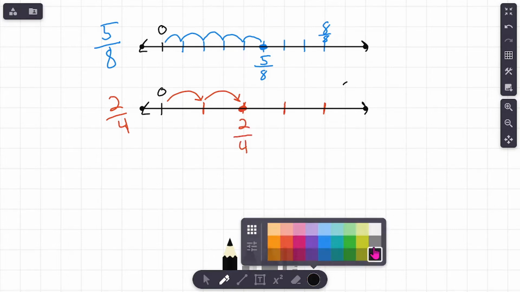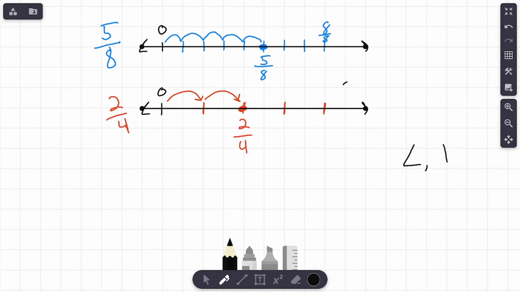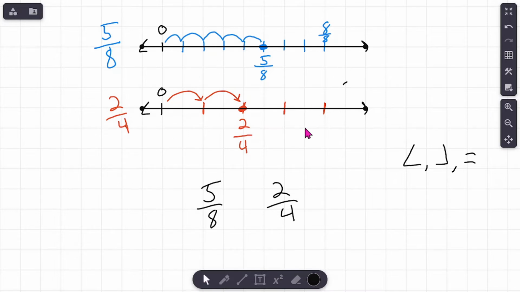So what are you noticing about these two fractions? What are you noticing about 5/8 and 2/4? The first thing I noticed, and I already pointed out, the number lines are the same length. That's really important. The second thing that I'm noticing, notice the sizes of these pieces. 1/4 is a lot bigger of a piece than 1/8.